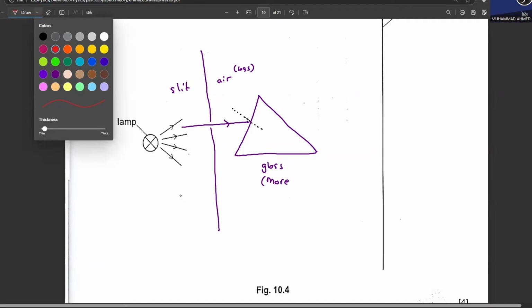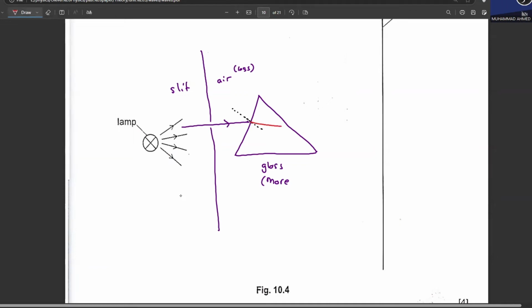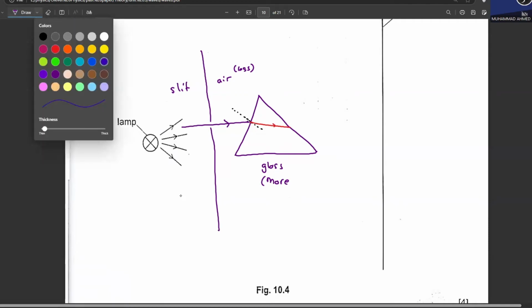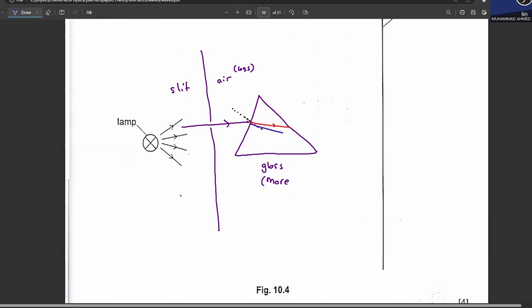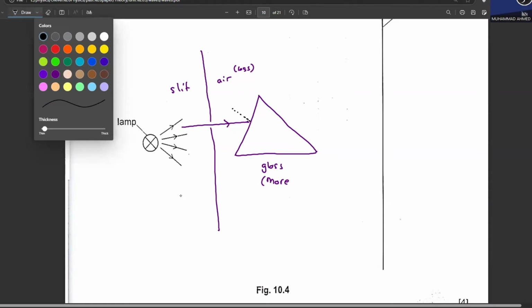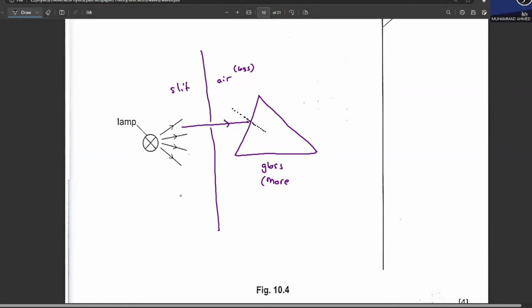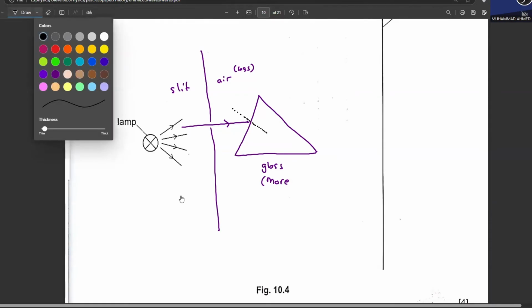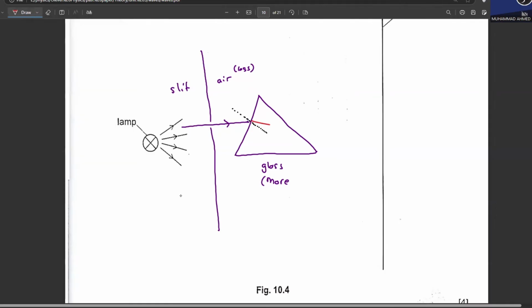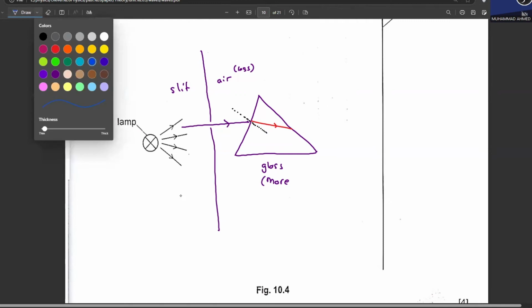Let's make two colors, red and blue. Somewhat like this. This is your red. Red bends the least. This is a very delicate drawing to draw. Let's extend the normal. Let's make the red first of all, somewhat like this, and then let's make the blue.